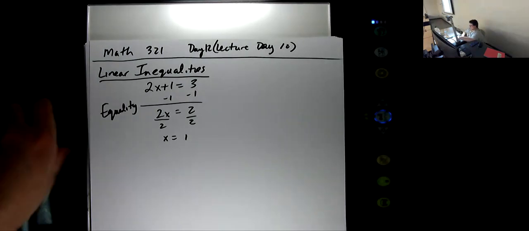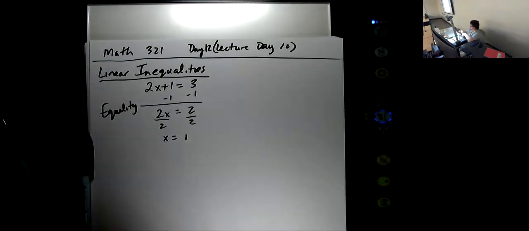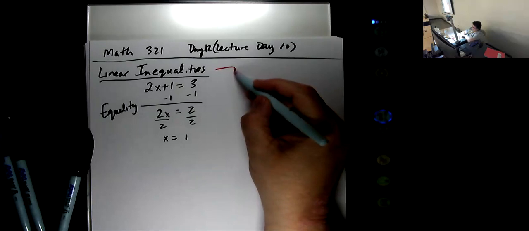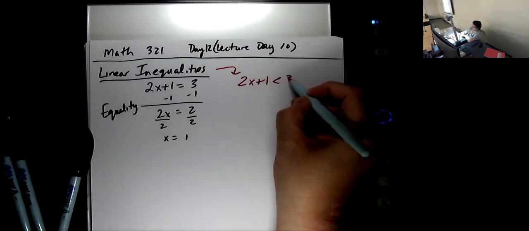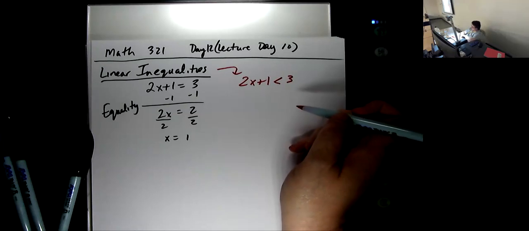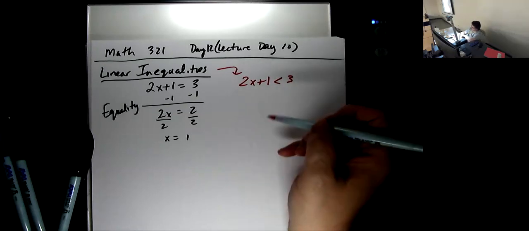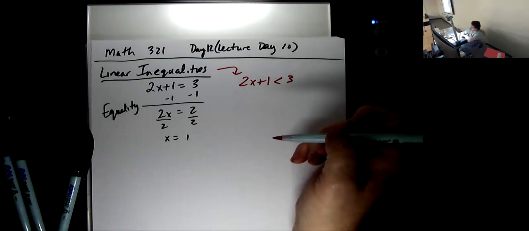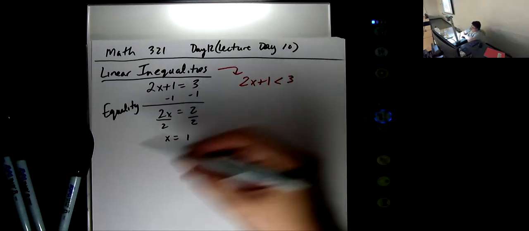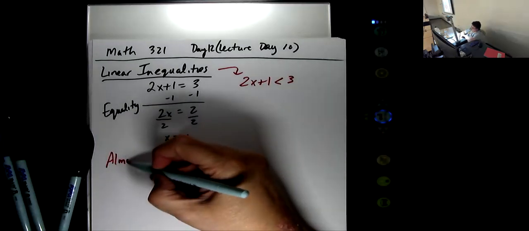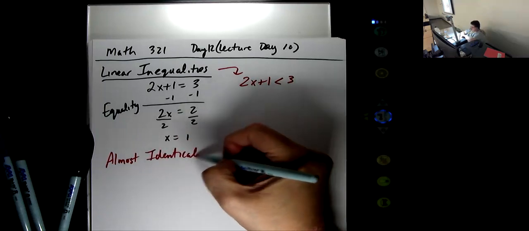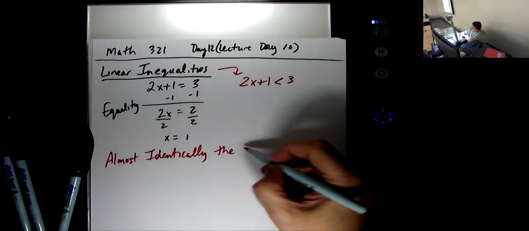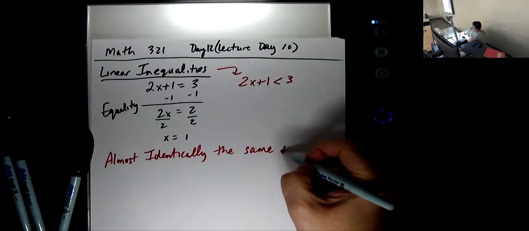If we do a linear inequality, it's something like this: 2x plus 1 is less than 3. And the steps are almost identically the same, and in some cases, the exact same steps.